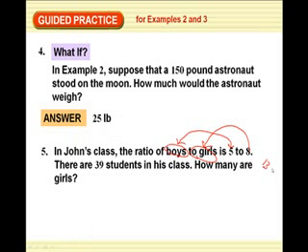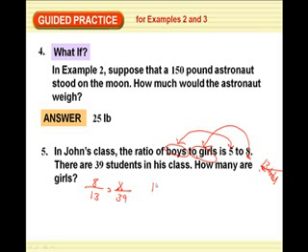So there's 13 total. So out of 13, 8 are girls. So that's 8 out of a total of 13 equals how many then out of 39? And notice I'm using the girls' number, not the boys' number.